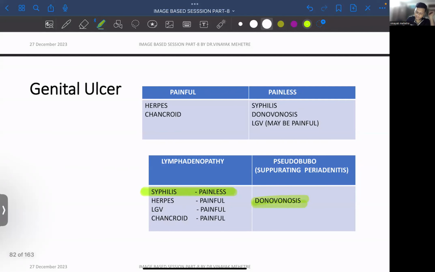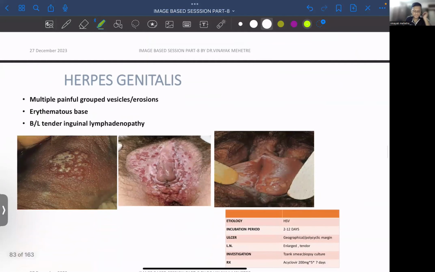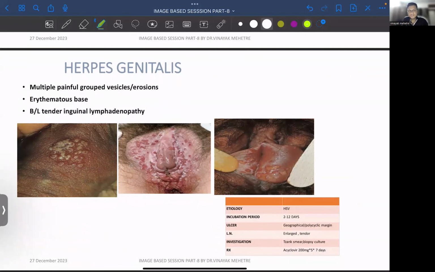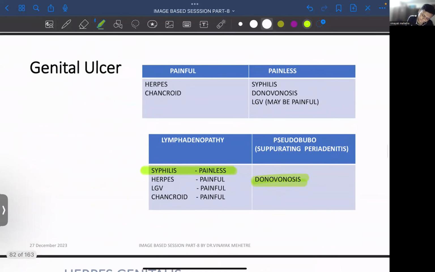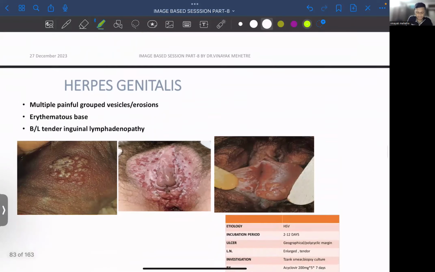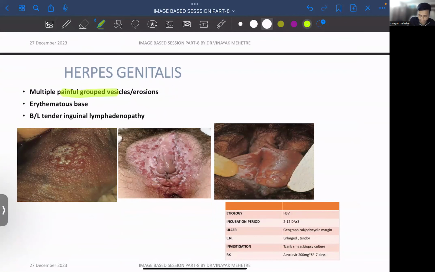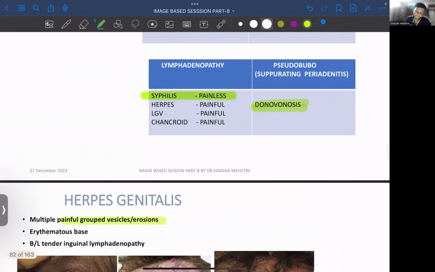Okay, now comes herpes genitalis. If you remember, now again take a look. अल्सर कैसे होंगे? Painful. So question में क्या आएगा? Multiple painful grouped vesicles and erosions present on the genitals with lymphadenopathy. कैसी हो रही है? Painful, right? So answer क्या है उसका?